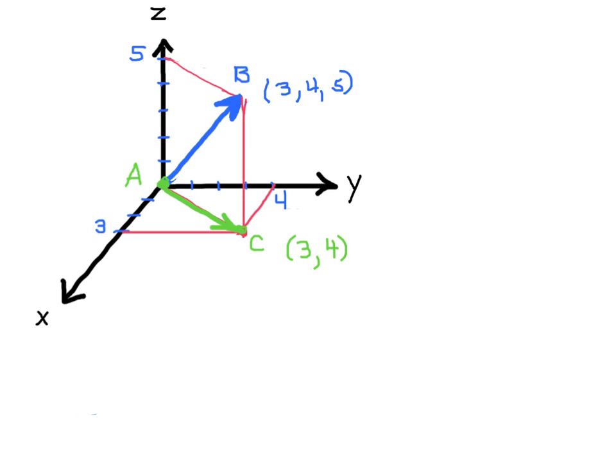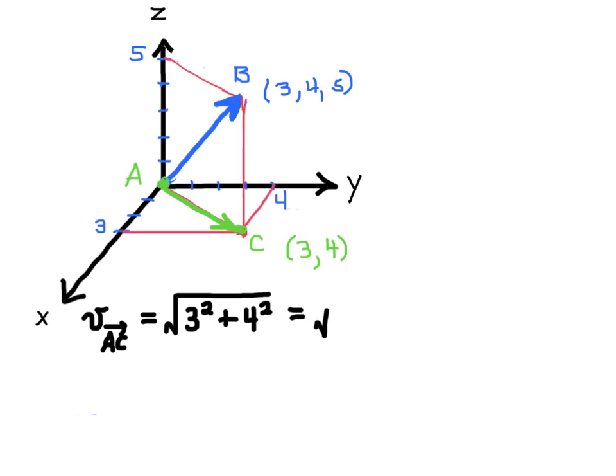So with that information, we're going to find the magnitude of our vector AC. And that's equal to the square root of the x component, which is 3, squared, plus the y component, which is 4 squared.